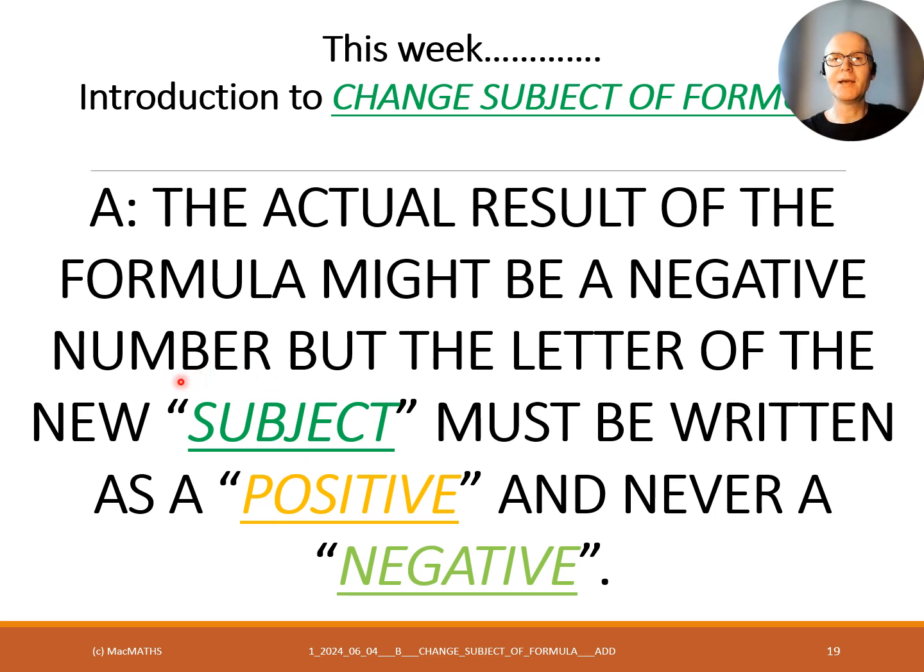Your answer might be negative. But the sign for your subject must always be positive. It can never be written as a negative. When you have your formula, you can't have a negative sign in front of your subject. You must have a positive sign.